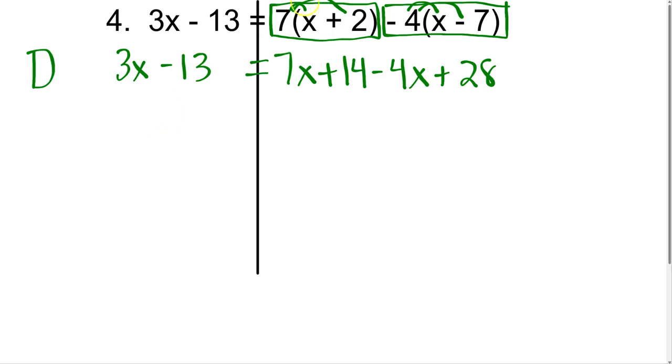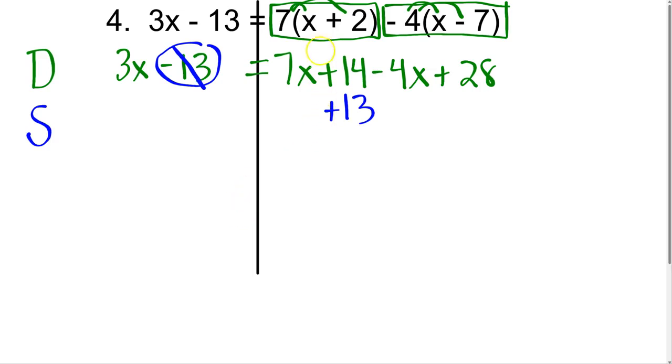Just bringing it down. All right, my next step is I'm going to sort. S for sort. I want to move my negative 13 to the side with the constants. It was negative, now it's going to be, I'll just put it underneath this 14, plus 13 or positive 13.